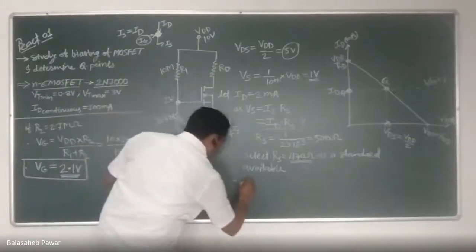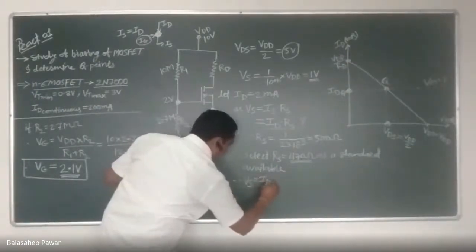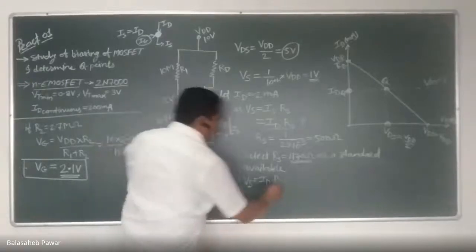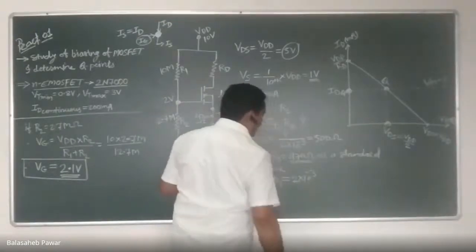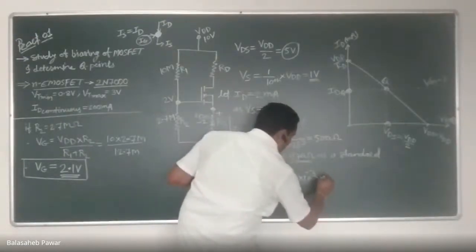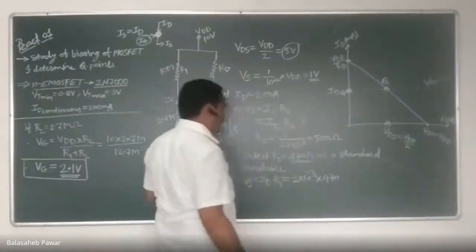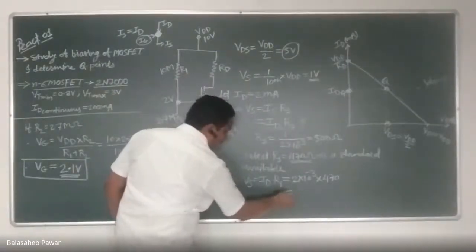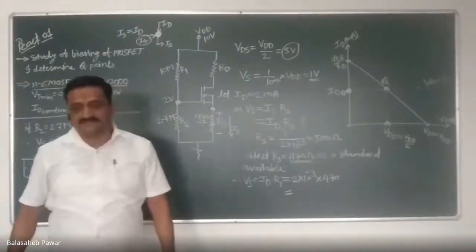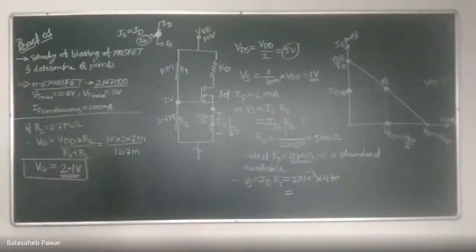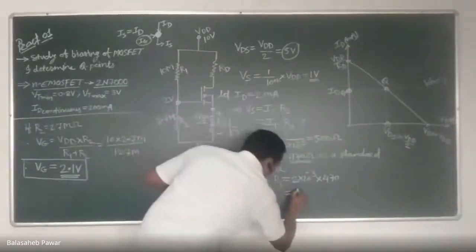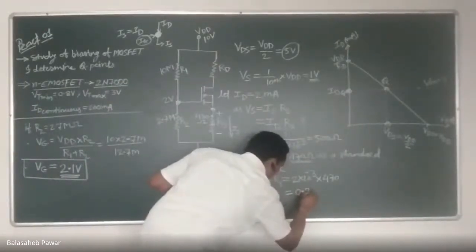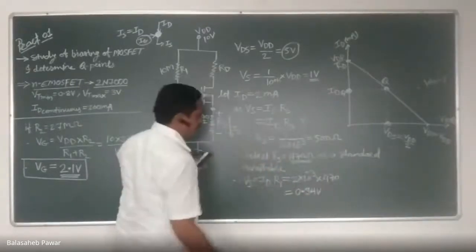Therefore, Vs equals ID into Rs, that is, ID is considered as 2 milliamperes, 2 into 10 raised to minus 3 into Rs. Now we take it as 470 ohm, and therefore Vs will be 2 milli into 470. Find out. 0.94. Yes, the value of this source voltage Vs will be 0.94 volts.